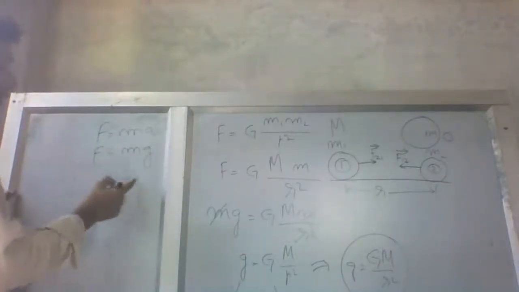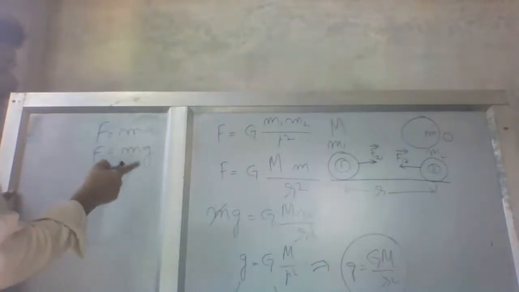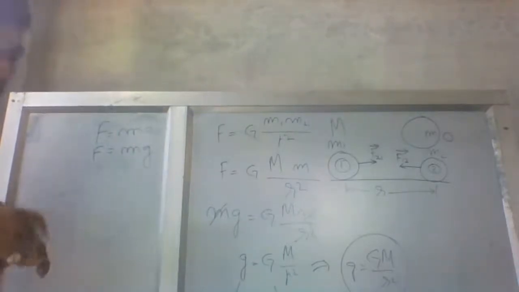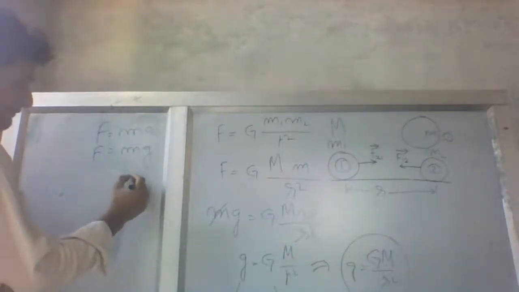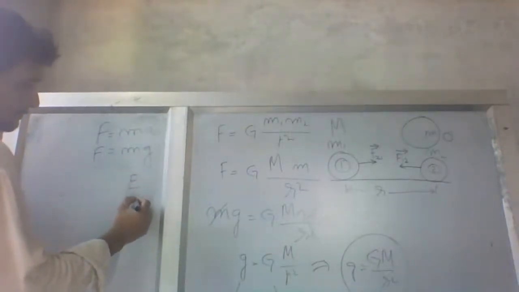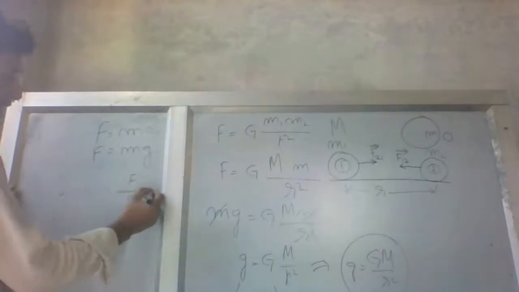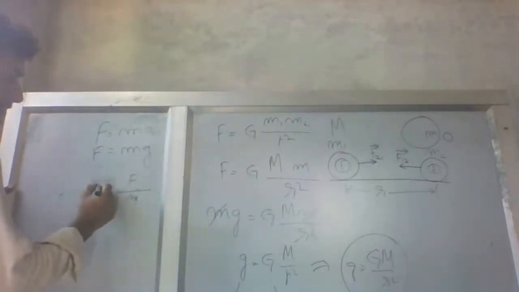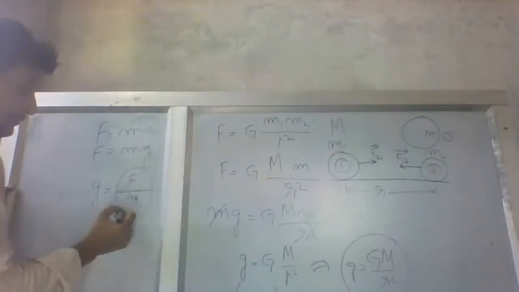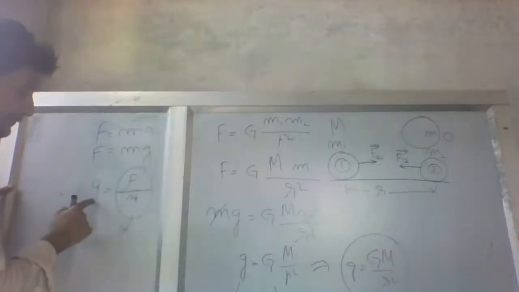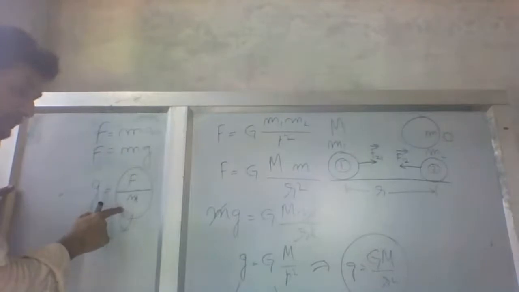Now let the value of g be here: F upon m is equal to g. What is this F upon m called? This is called the gravitational field strength.